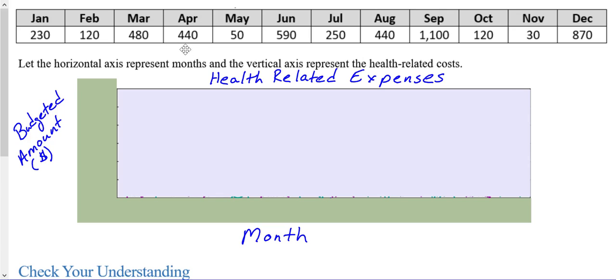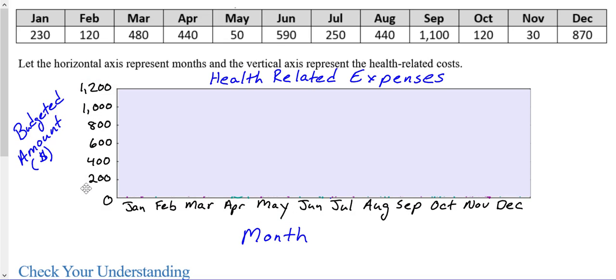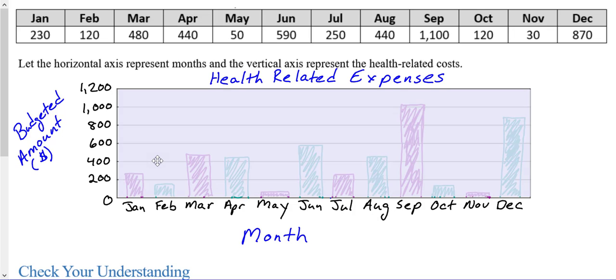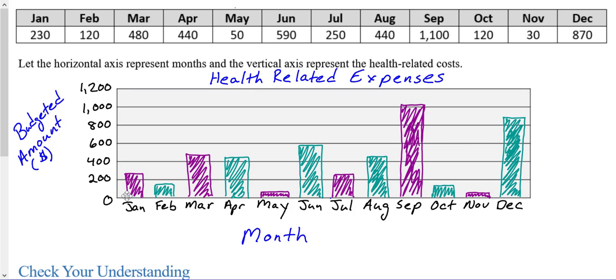Now if I look at the dollars, my lowest amount is $30 and it goes up to $1,100. So on my graph I went up by $200 on the y-axis, and from there all you have to do is create the bars. So for January I went up to approximately 230, and you see the bar there.